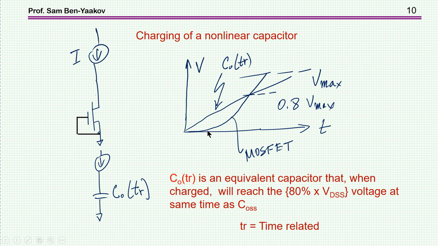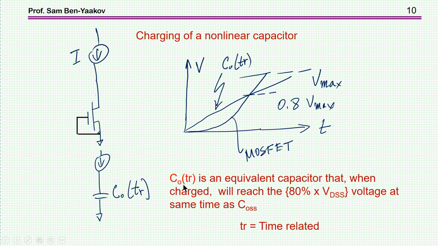So this is the transistor which is charged by a certain current source. This is the equivalent capacitor, time related, and the intersect, that is, they get to the same value, which is 0.8 of Vmax, intersect here at 0.8 of Vmax, and this is actually the definition of this capacitor. So this is the time-related output capacitor.